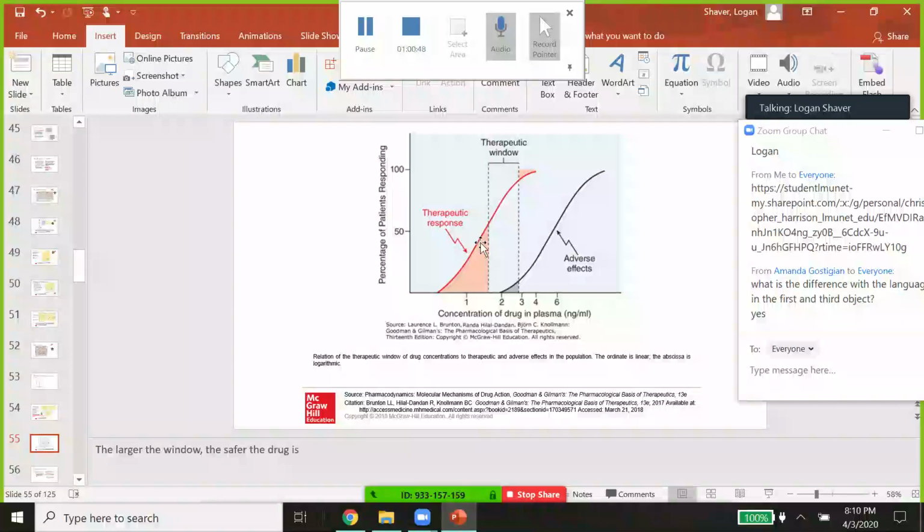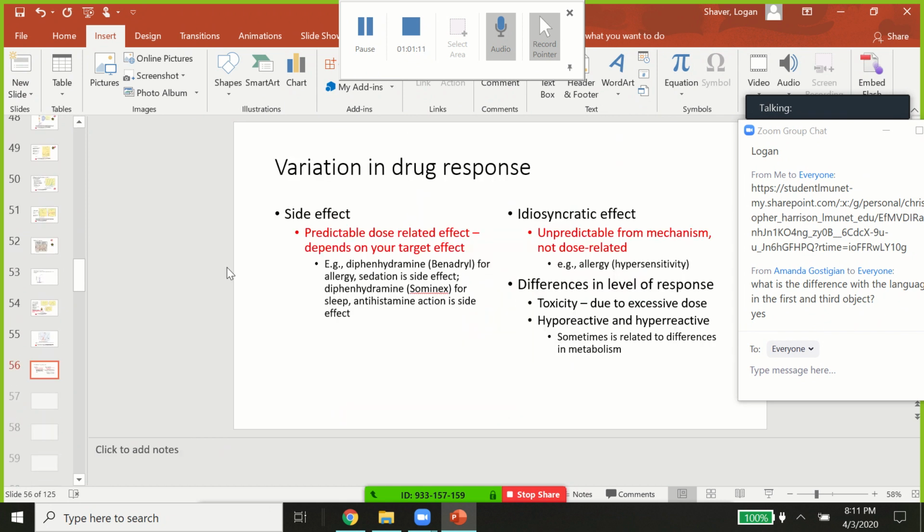You'll reach this point right here, and right in here is where the gray zone happens, where this is much more safe and this is not really sure. If it gets past that, it can lead into adverse effects. And notice if it gets way too high, there are not even therapeutic effects anymore. It's just way more toxicity than effects.